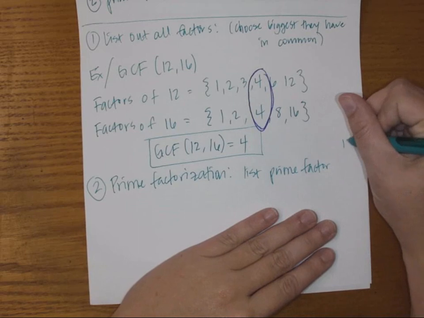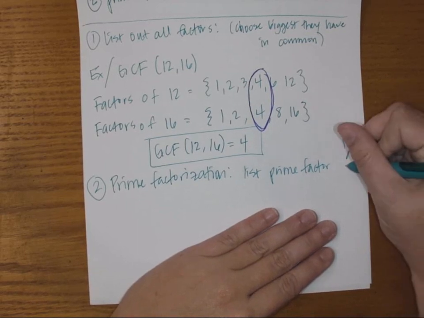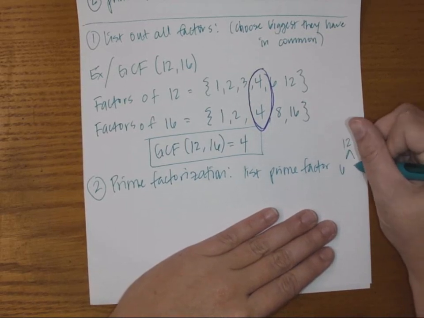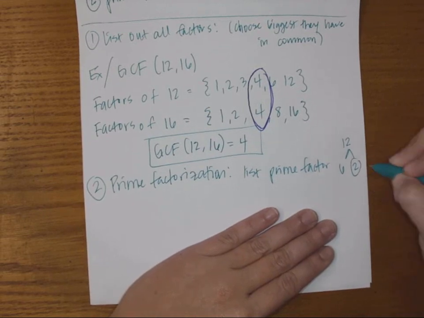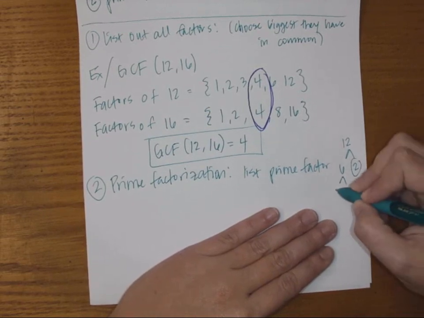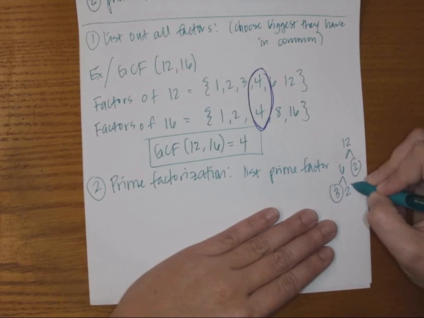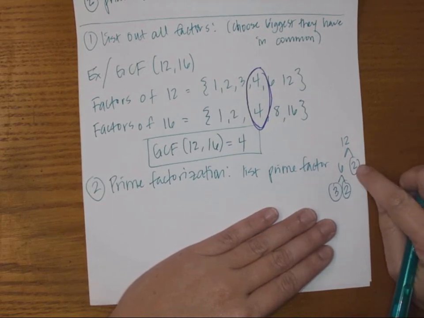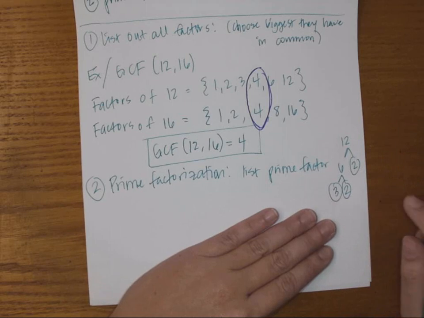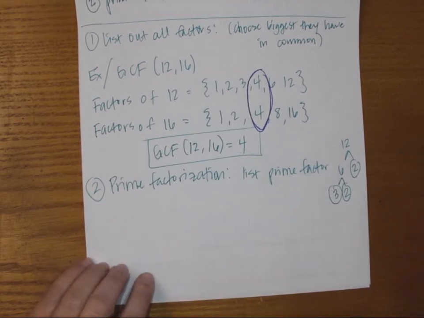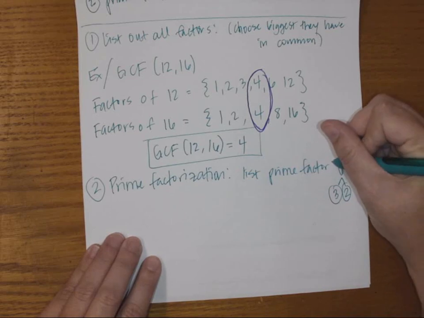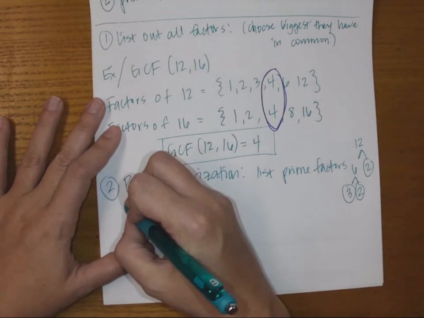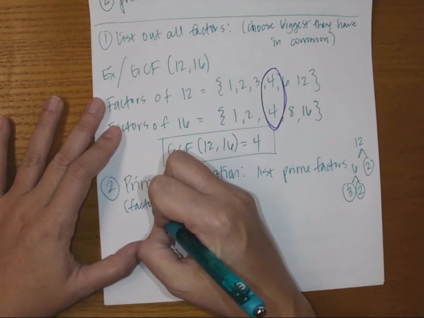So for example, for 12, I could start off with 6 times 2, or I can start with 4 times 3, doesn't matter. 2 is a prime number, 6 is not a prime number. It can break down into 3 times 2. So the prime factorization of 12 is 2 times 2 times 3. It's the prime factors that multiply to give you that. Okay, so that's called a factor tree.